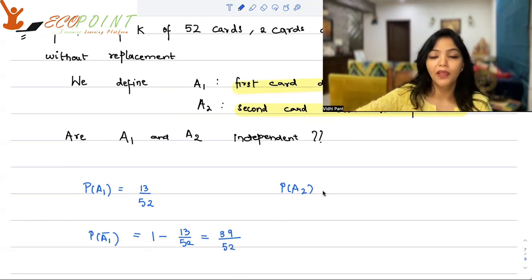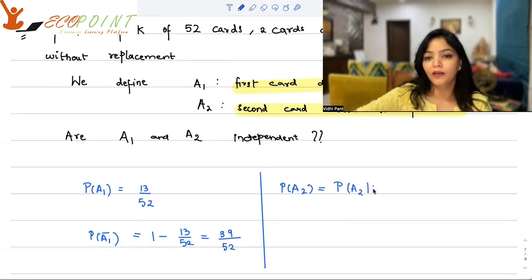Okay. Now, probability A2, that is the second card turning out to be a spade, depends on what result you've had previously. So it depends on whether previously you got a spade. So it's a conditional probability: probability A2 given A1 times probability A1, plus probability A2 given A1 bar, that is the complement, times probability A1 bar, the complement.